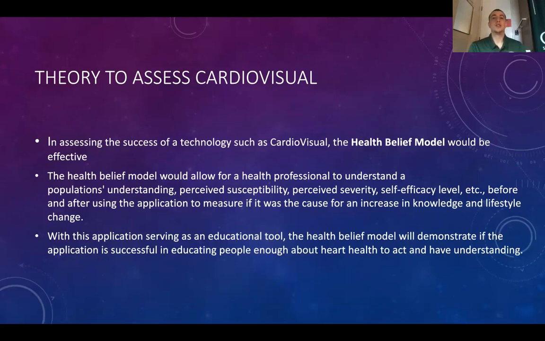Now, every technology should be assessed to make sure that it is truly successful. And in assessing Cardiovisual, I would use a health belief model. I feel this model would be most effective because Cardiovisual is used from an educational standpoint.